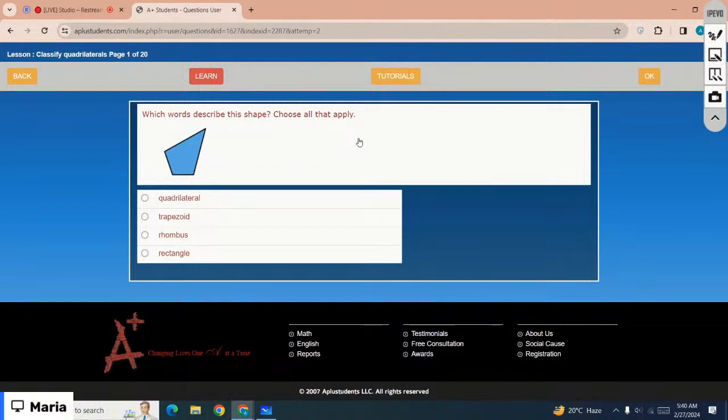The correct option is quadrilateral, right? Because the shape has four sides, so that is a quadrilateral.